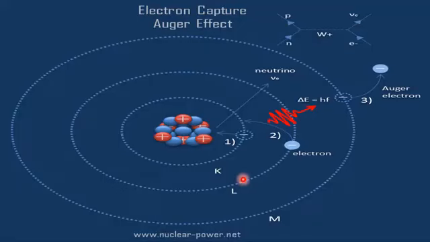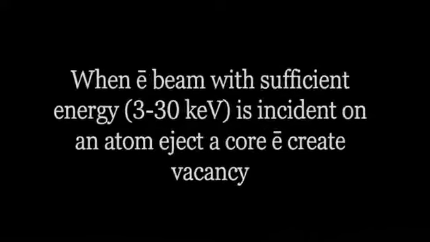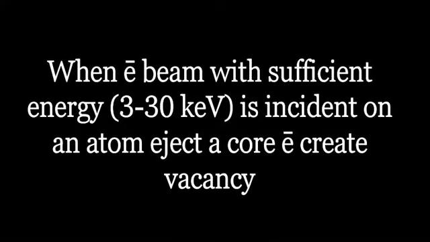So now, dear student, let us discuss how the Auger process takes place in Auger electron spectroscopy. Student, please note that Auger electron spectroscopy uses an electron gun.